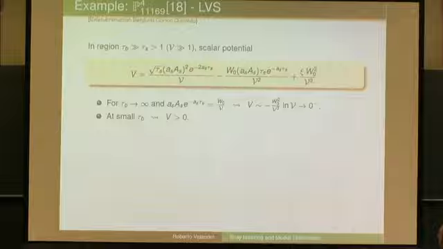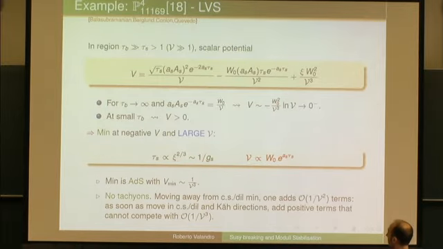So first of all, just notice that if you take tau b big, so the volume very large, and this relation satisfied, what happens to the potential is that it is going to 0 from below. Okay, while at very small tau b, this is bigger than 0. Okay, so we expect this to have a minimum, and actually a minimum at a large volume.